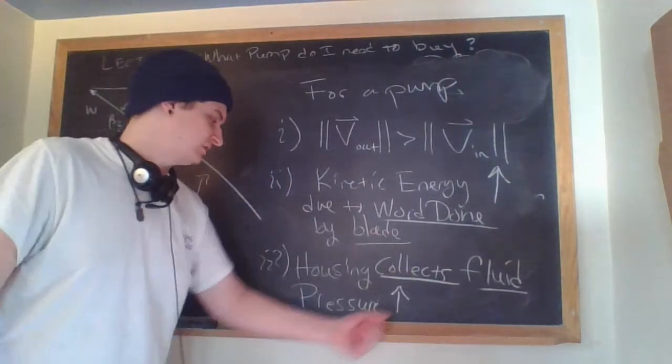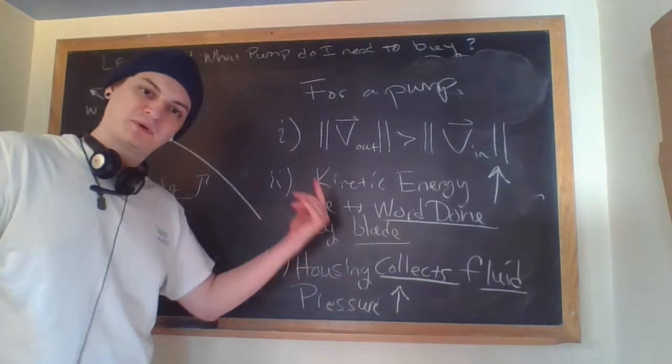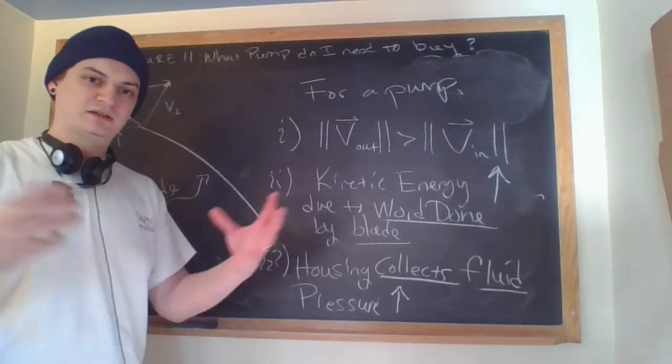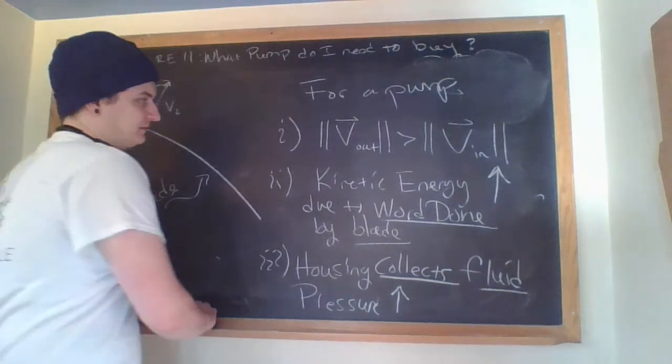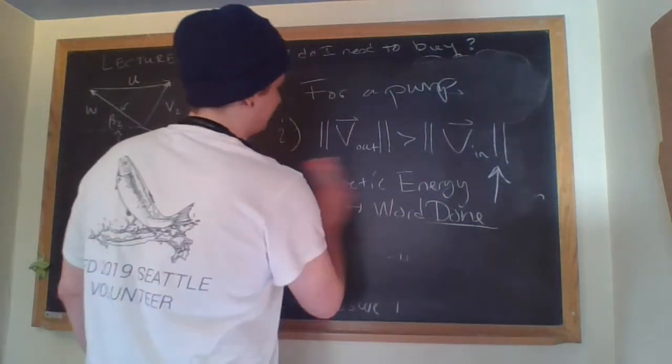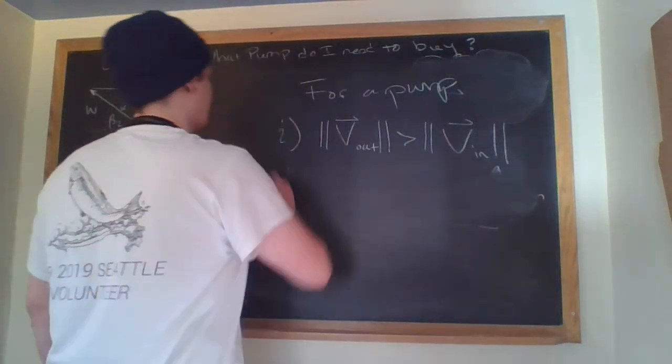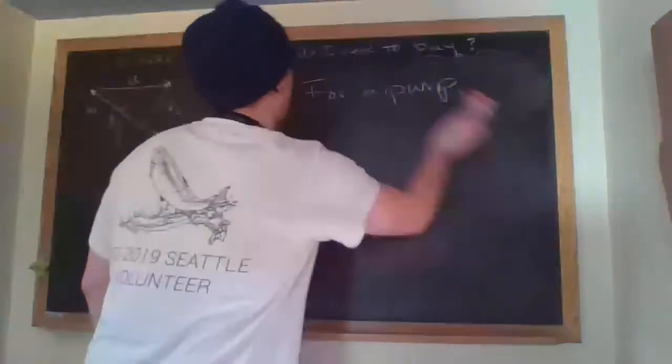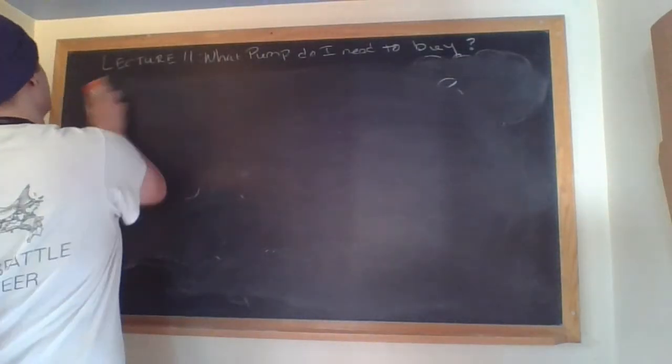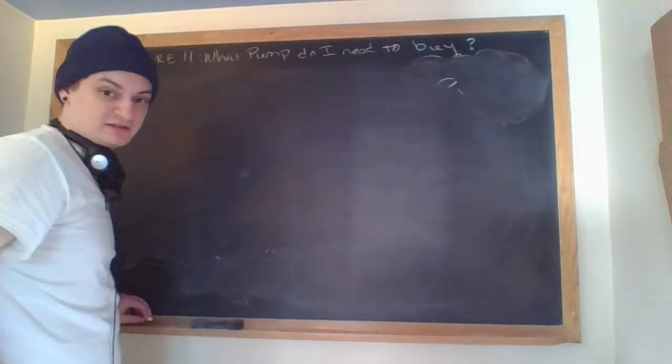Housing is collecting the fluid, which is causing the pressure to go up because you're decelerating fluid to fill this volume. So those are the physical things that we want to at least derive out of any equation we get for a turbo machine, just based on that simple picture.